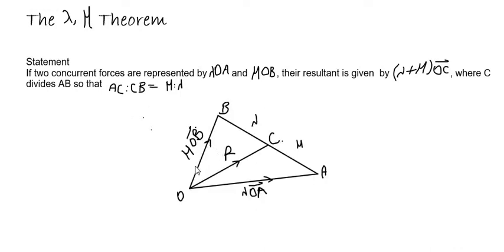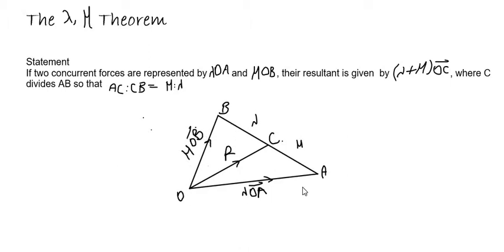Here is a diagram which tells you that there is a triangle OBA, and it has three sides, and there is also a line which divides this triangle into two other triangles. But if you see it from the concept of forces, then there are two forces.